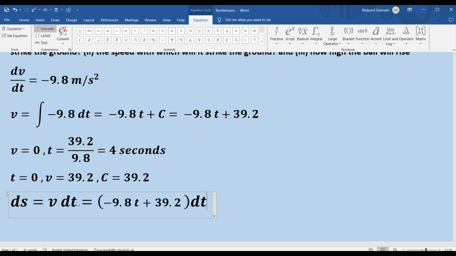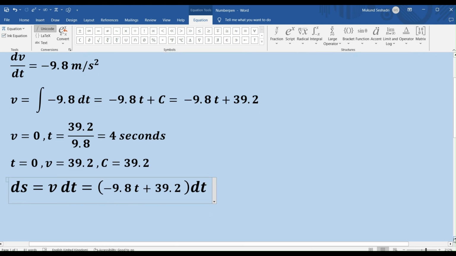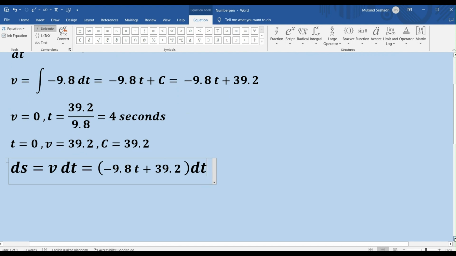We are taking the help of integral calculus to solve this problem because the ball's velocity is a function of time and the ball is not moving with a constant velocity, right? And therefore we figure out what is that infinitesimal distance that the ball moves in that infinitesimal time dt, right? So that is where this expression what you have, ds equals v dt, is what you see on your screen, right?